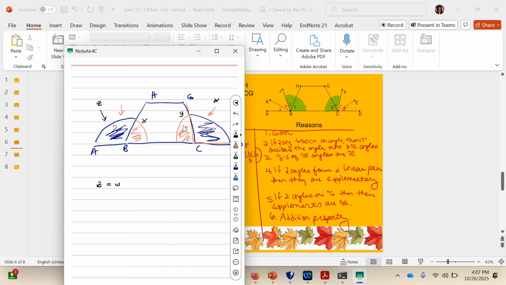And I know that Z plus X has to be 180 degrees. And I know that W plus Y has to be 180 degrees.